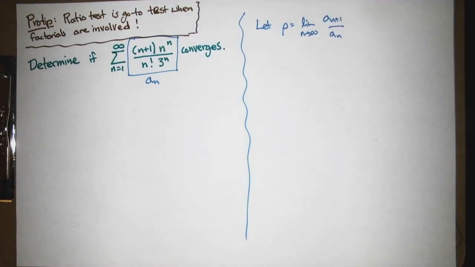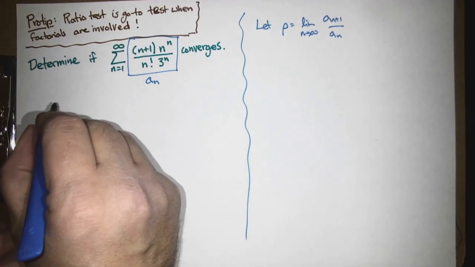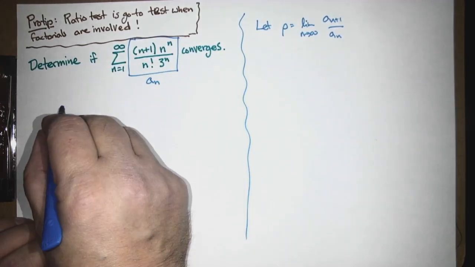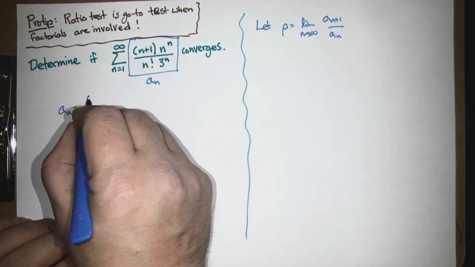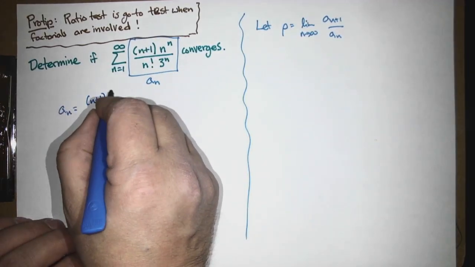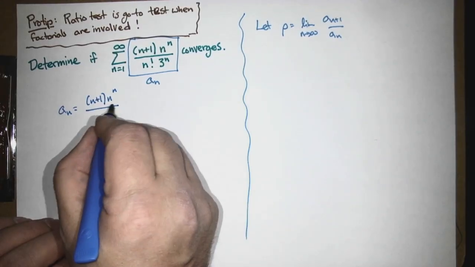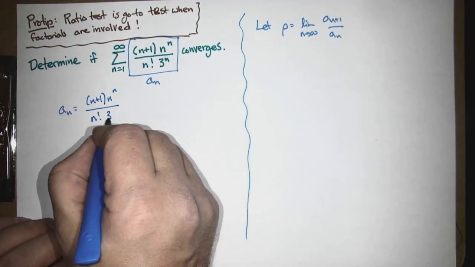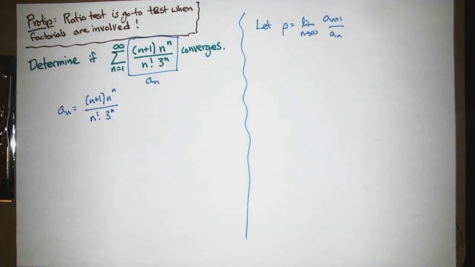All right, so let's talk about what a n plus 1 is. We read it off: a n is the term (n plus 1) times n to the n over n factorial times 3 to the n. How do you find a n plus 1? What do you do?